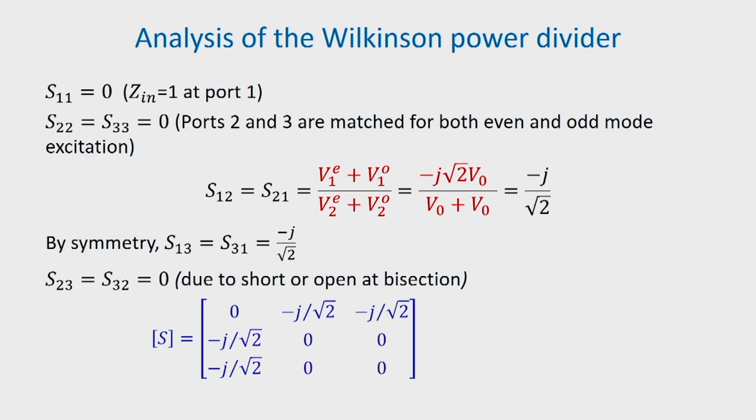But even with the presence of this lossy element, the resistor, we achieve the impedance match at all 3 ports, but the device actually behaves like a lossless power divider as far as power divisions are concerned, and this is true when the ports remain properly matched.